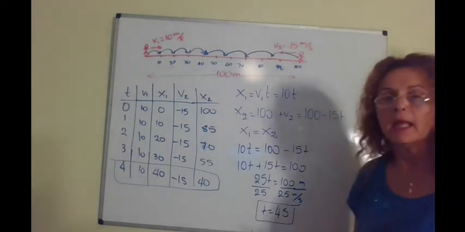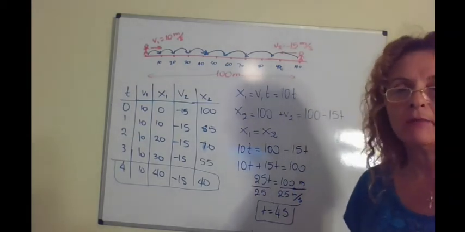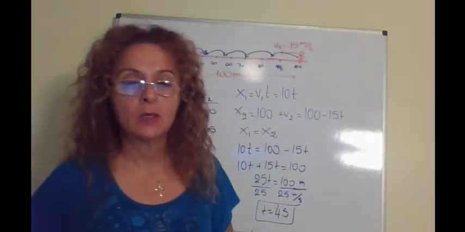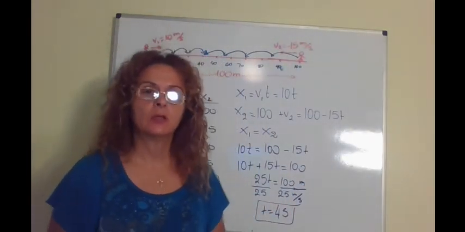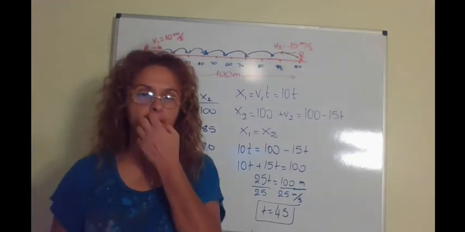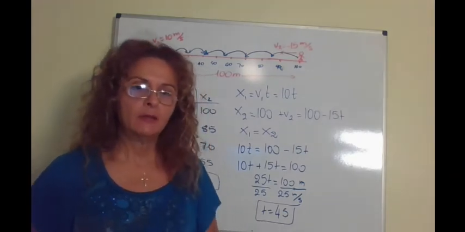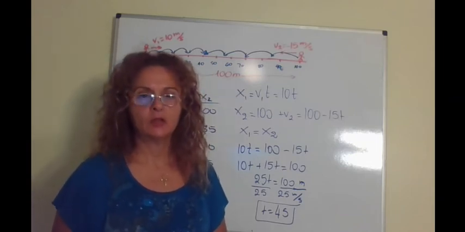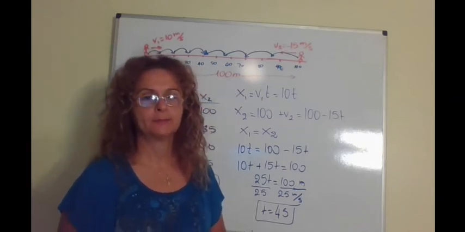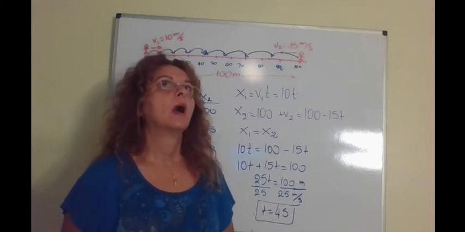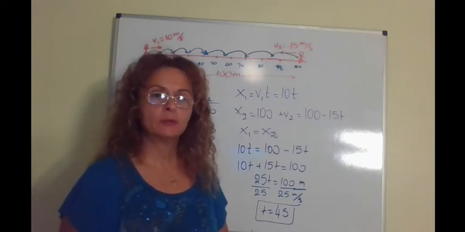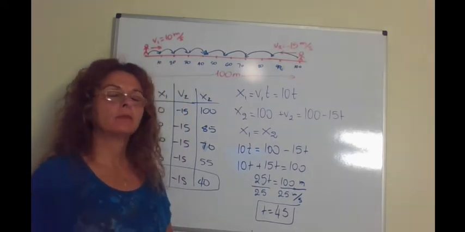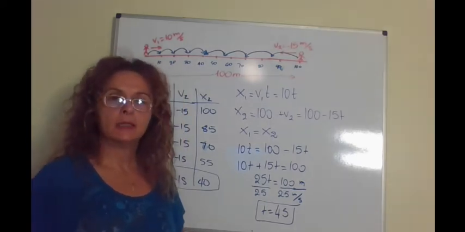Now, there's one more way. Every time we have two objects, we can use something called the relative velocity. The relative velocity is found by subtracting the velocities the two objects have. So when I subtract, what is the idea?